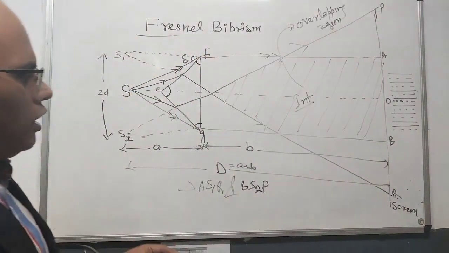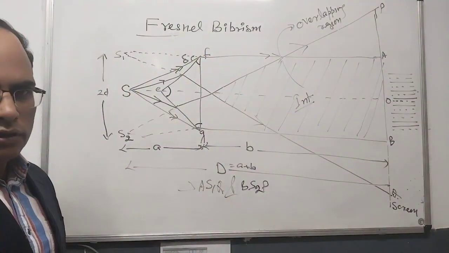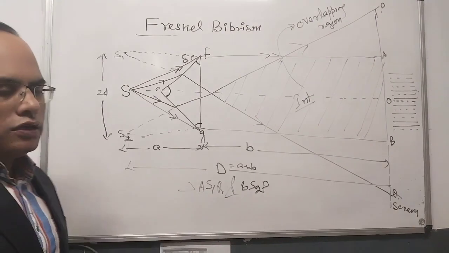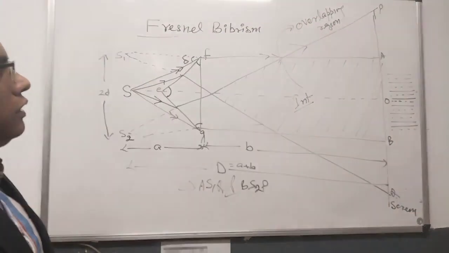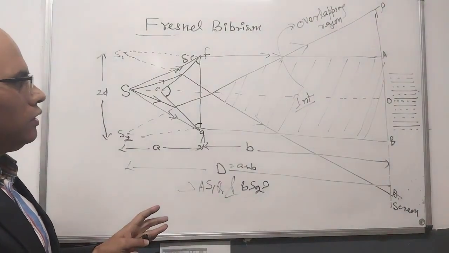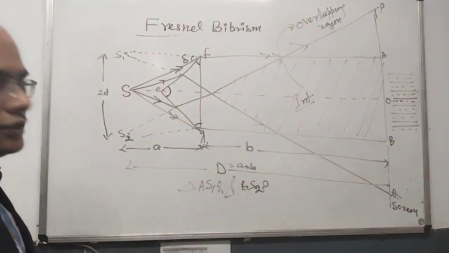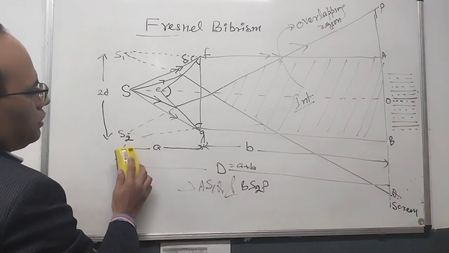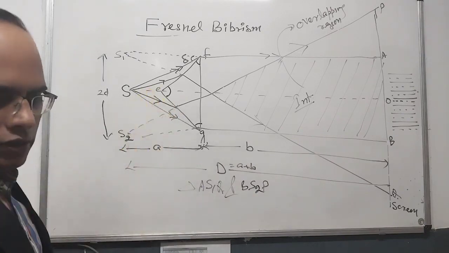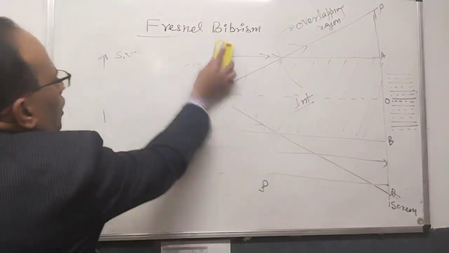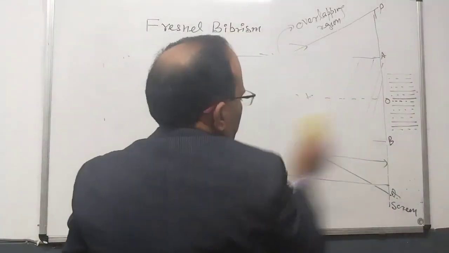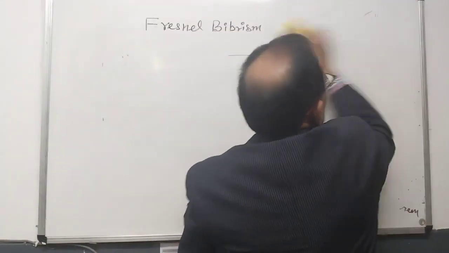So now, how to calculate the fringe width? I told you in the previous lecture, if you want to calculate the fringe width, there is a very basic formula. We need three measurements. I hope it is clear, because it is very simple. Now, calculate the wavelength of any given source.